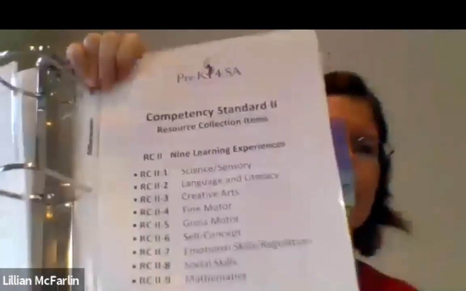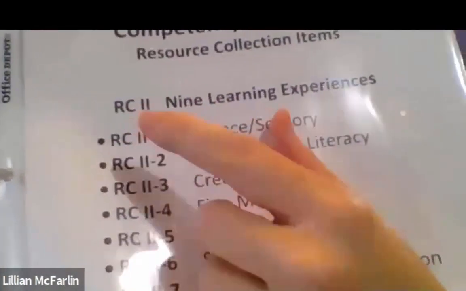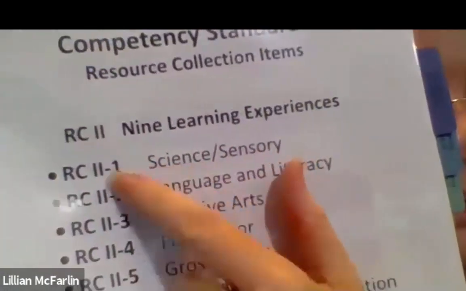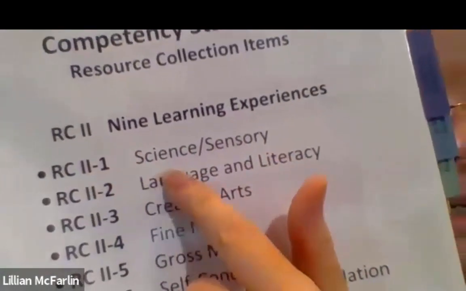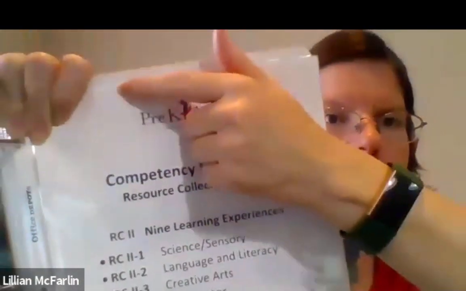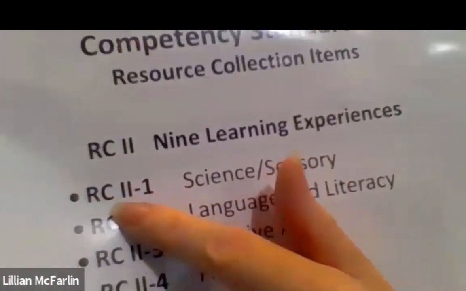If it was me and I wanted to make it super easy for somebody that was coming to check out what I had done, I would probably on the very top of each of my activities, so it says RC21 is science and sensory, I'd probably go at the very top of my sheet that I did my sensory and science activity and write RC21.